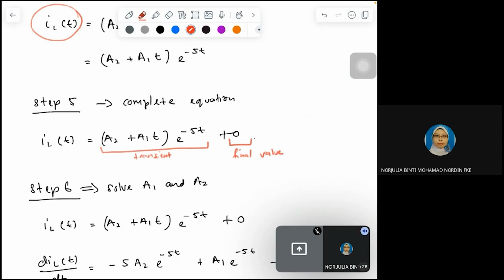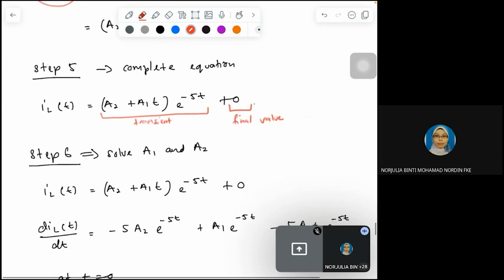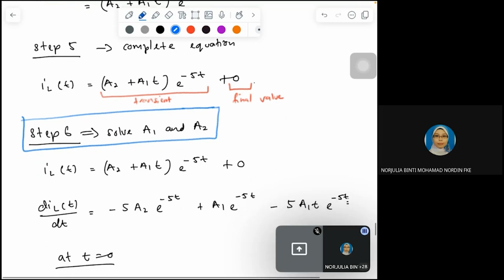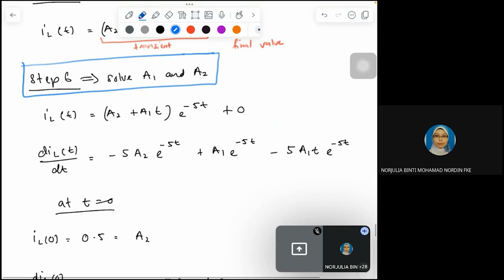All right. And since the question asks us to find or solve A1 and A2, we need to have these two equations.